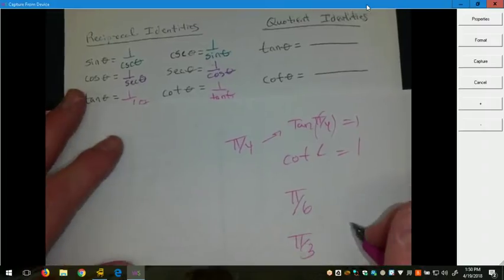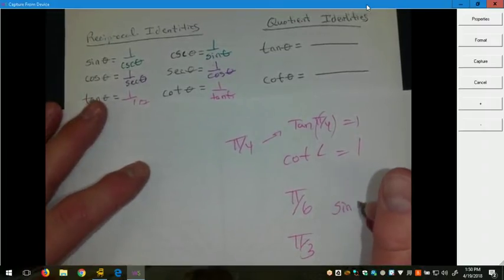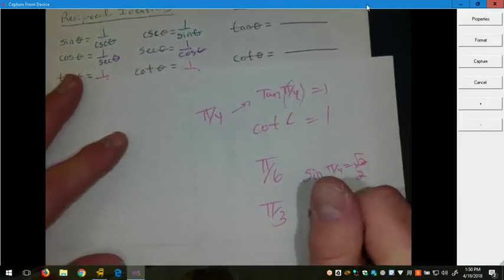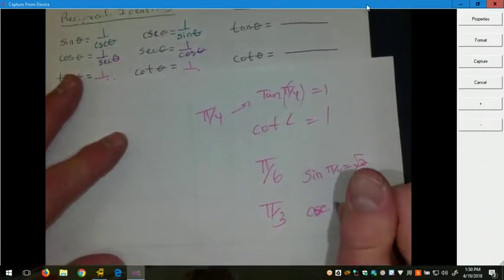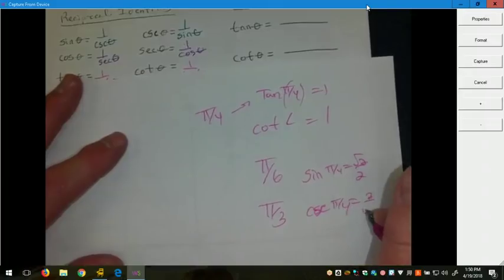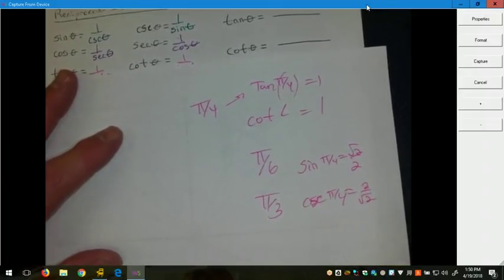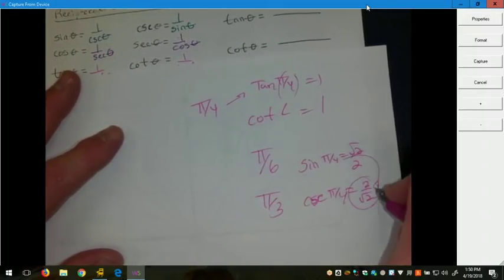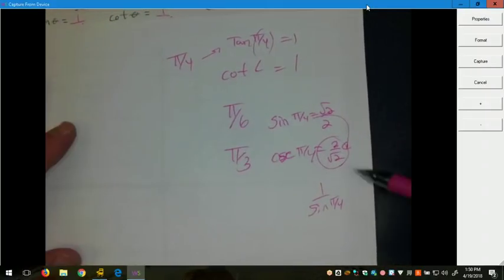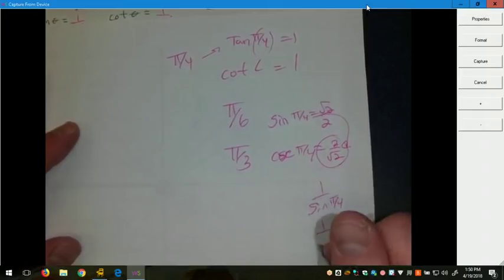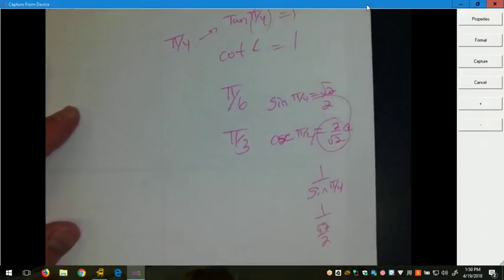Same thing with sine. When sine of pi over 4 is square root of 2 over 2, cosecant of pi over 4 is 2 over square root of 2. Or another way to put that is 1 over sine of pi over 4, because that would be 1 over square root of 2 over 2.